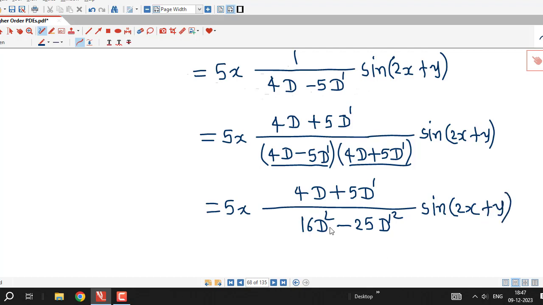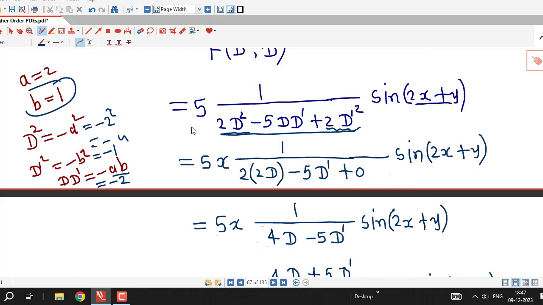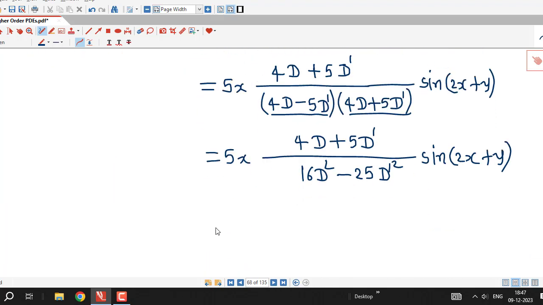Now we can see we have obtained d square and d dash square. So again we will replace d square by minus 4 and d dash square by minus 1. So let me write d square equal to minus 4. This is as it is, 4d plus 5d dash as it is.